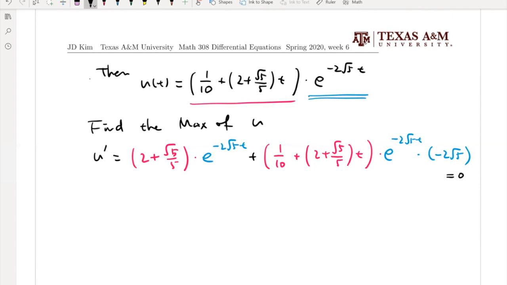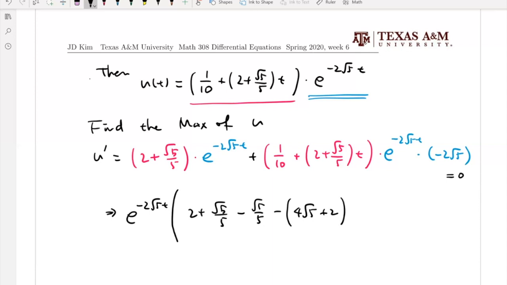Then this can be written as e to the minus 2√5 t, and big parentheses, and 2 plus √5 over 5, and minus, actually we have to multiply negative 2 square root of 5 minus 5 over 5 minus 4√5... square root of 5 times square root of 5 is 5. 5 over 5 is equal to 1, so it's minus 1. That's correct, okay?